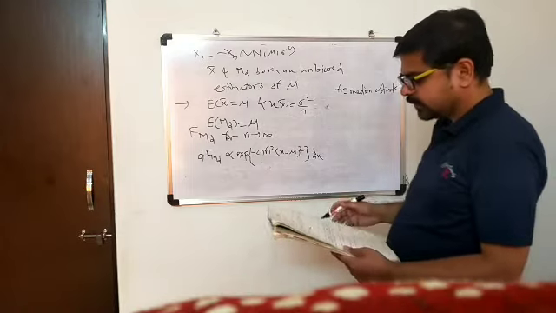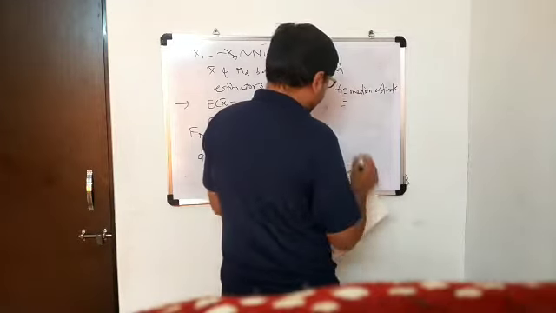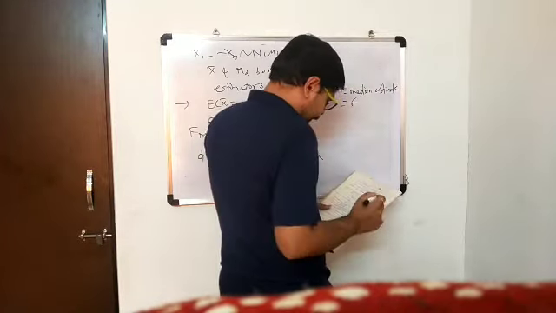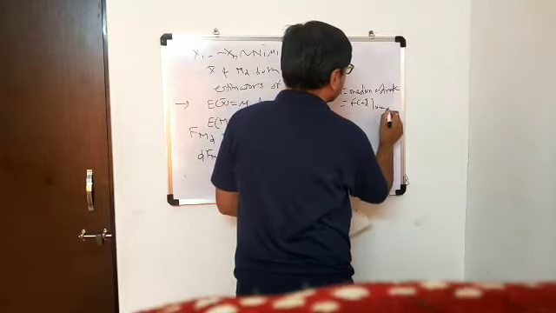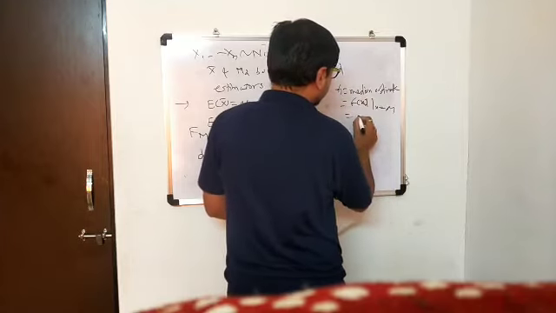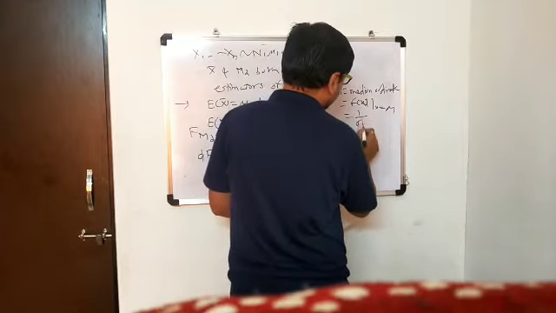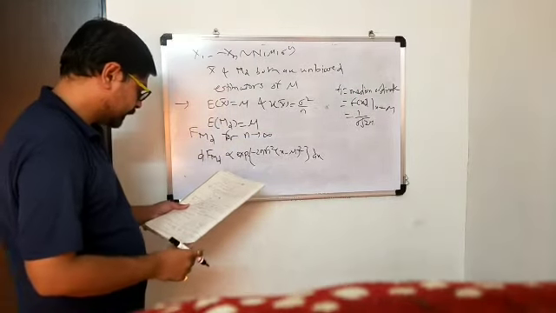Median ordinate, that is the value of fx at x equal to mu, which is given by 1 upon sigma root 2 pi. This is f1.